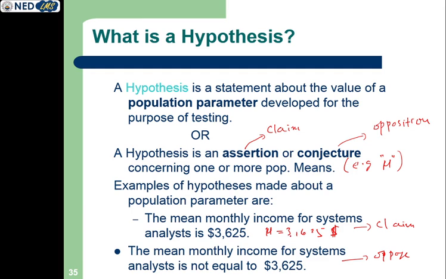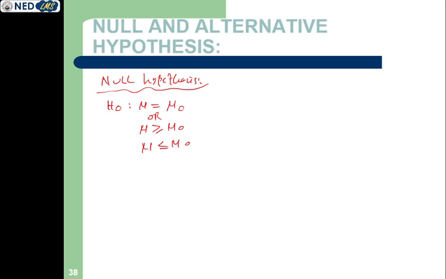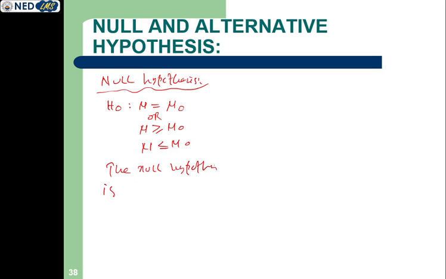So what is the null hypothesis? It is denoted by the symbol H naught and is always defined in the form of equality.